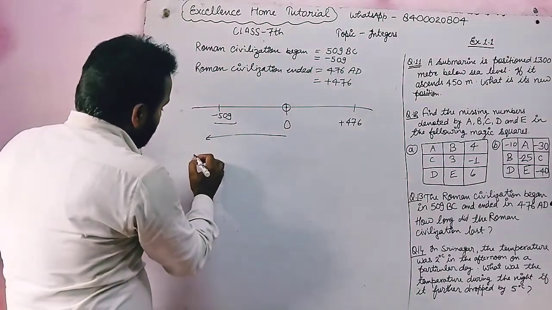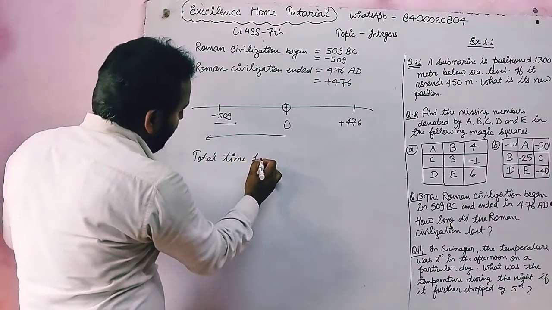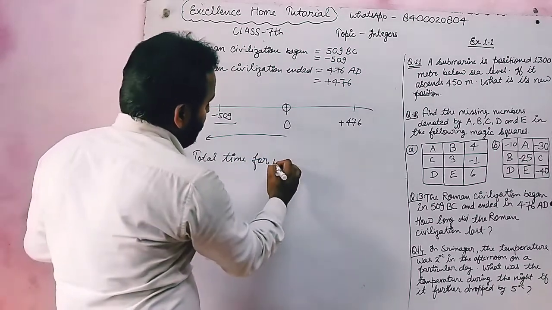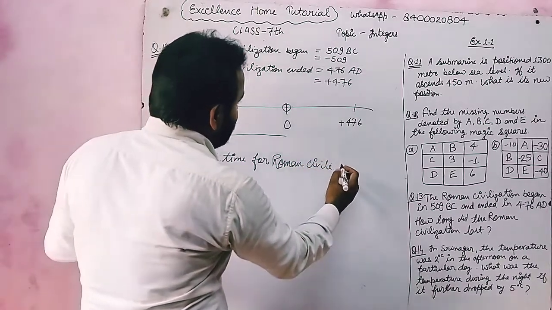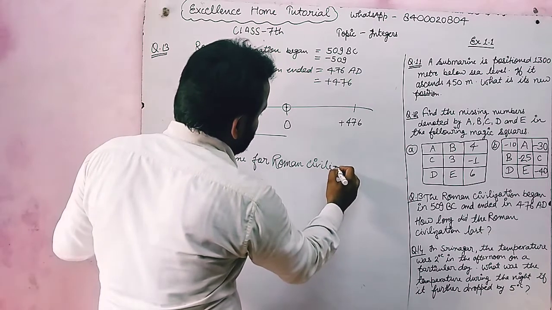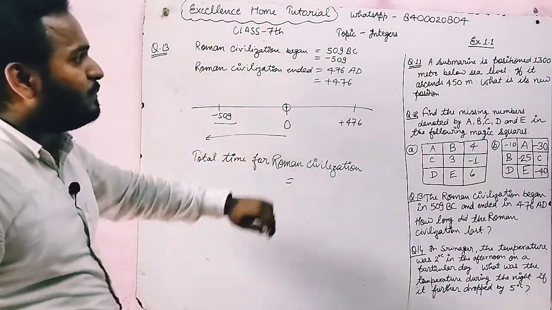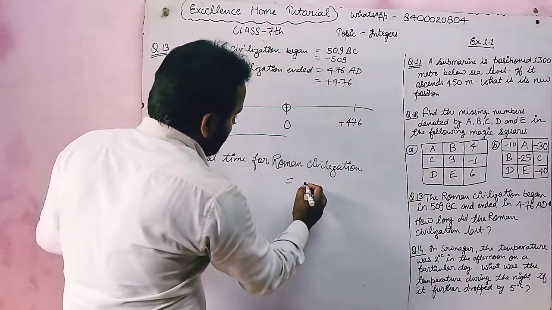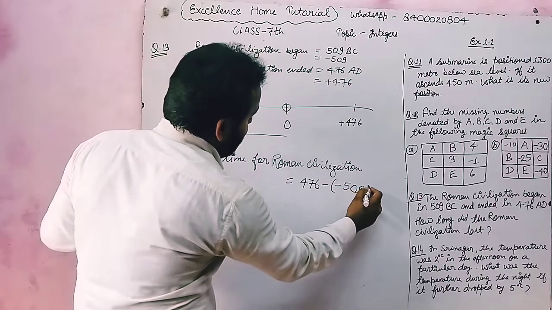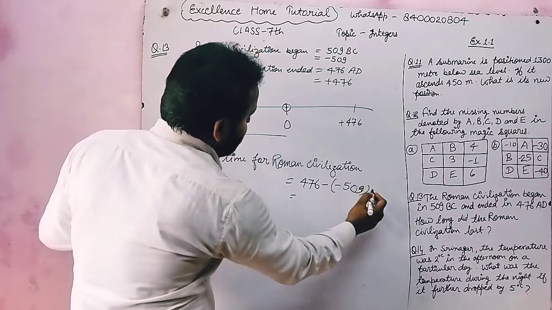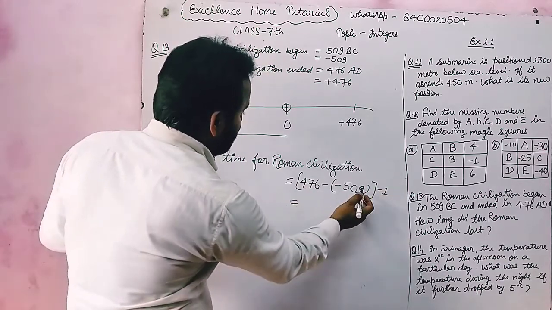So the total time for the Roman civilization is, we have to add both numbers, that is 476 minus of minus 509, and then minus 1.